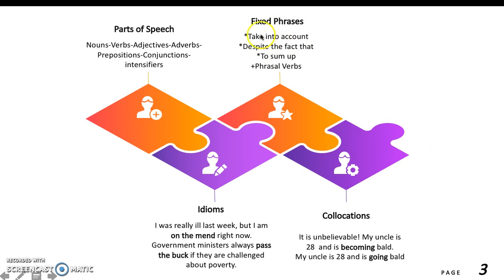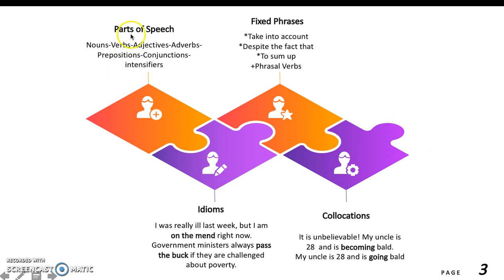These are some examples of fixed phrases. We need knowledge about idioms, and we need knowledge about collocations. Most of those words you can differentiate. In conjunctions, we find linking words like or, and, but, and others.